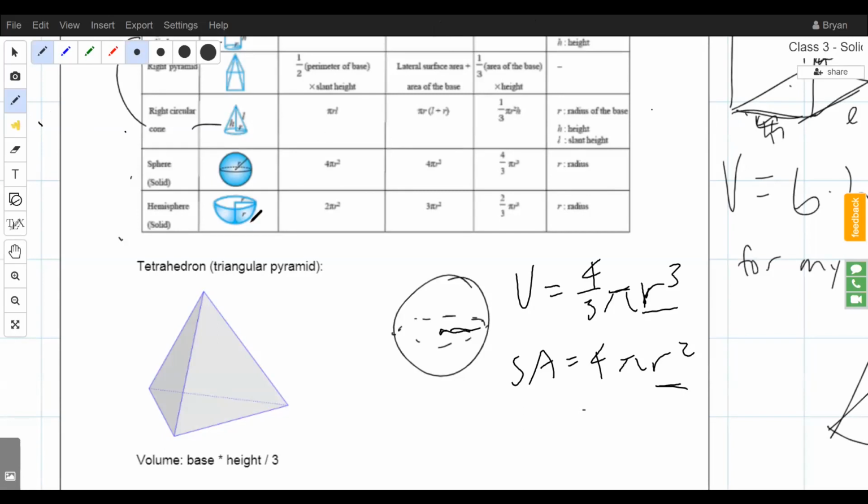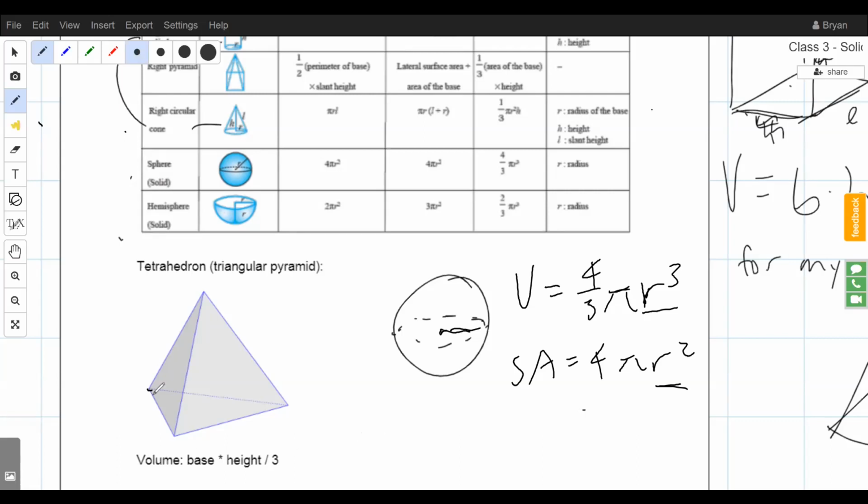So, if you were studying the table, there were a few shapes that I think were left out. One of them is a tetrahedron, which is a triangular pyramid, and I like it because you can basically use any face as its base, and there's only one other vertex that can be the vertex of the pyramid. Its volume is still calculated like any pyramid.